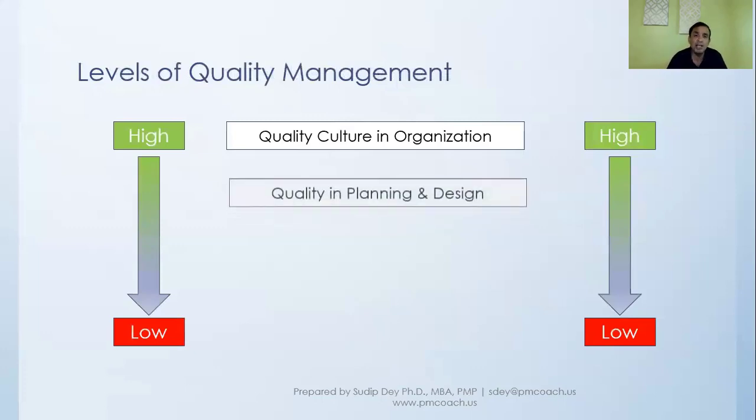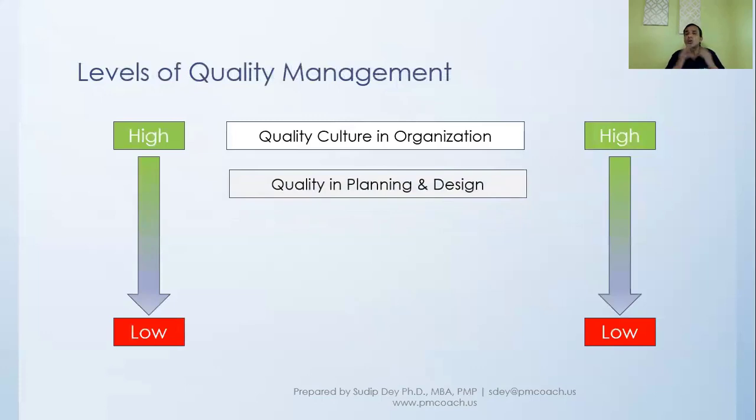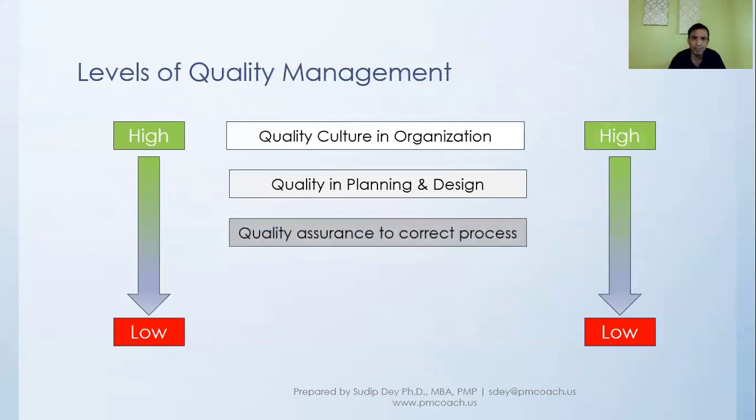The next level is one that is not present everywhere, but when we are bringing out a product or project, we start looking at quality right from planning and design. So we don't leave it to the last moment, but we start thinking about quality for this project right from planning and design.